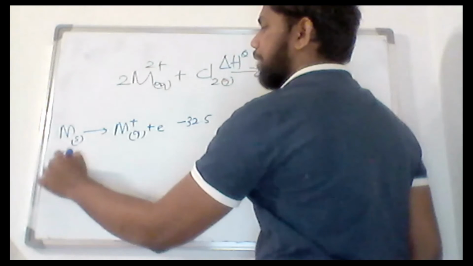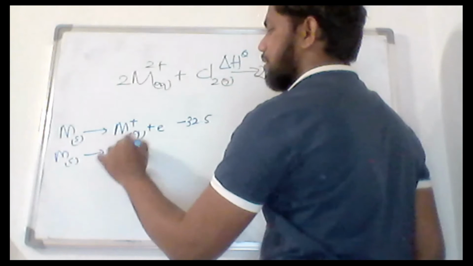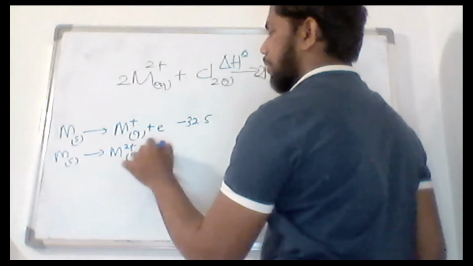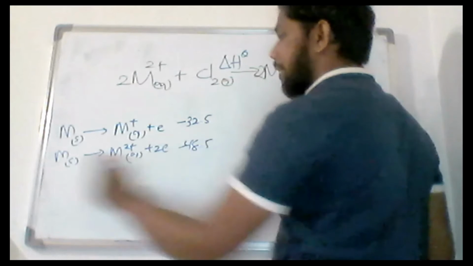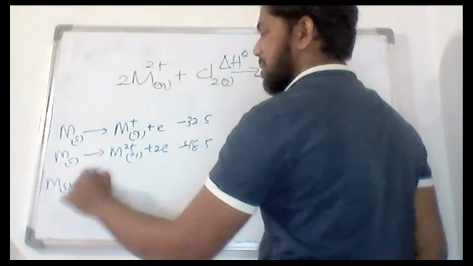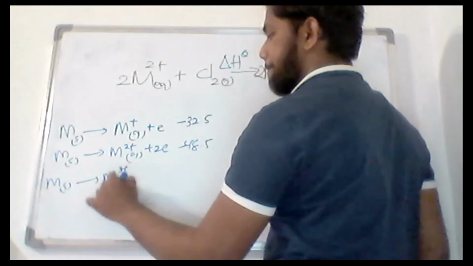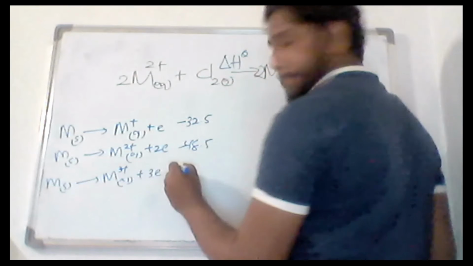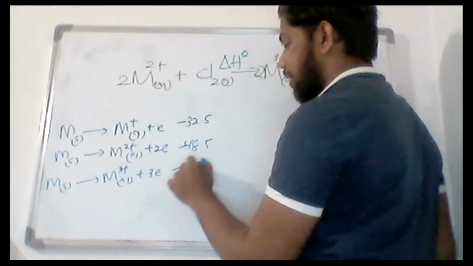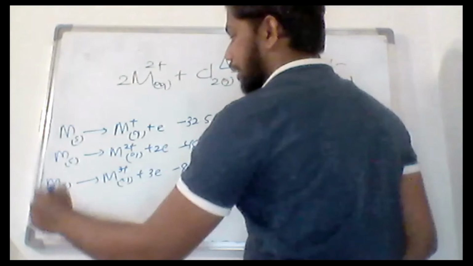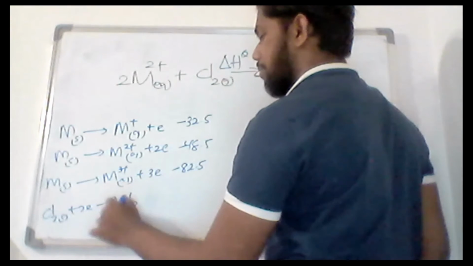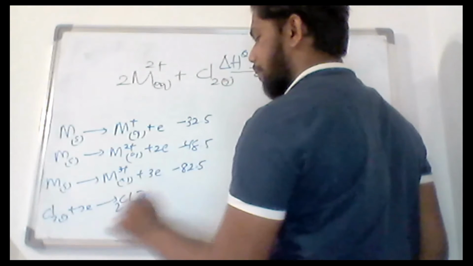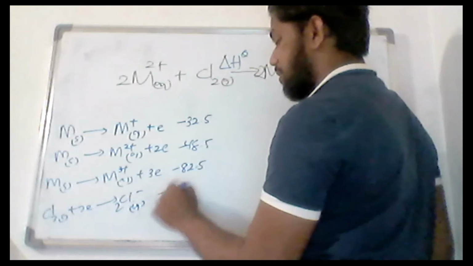And they are also giving M to M2+. I will put the states: minus 48.5. Then minus 82.5, and Cl2 gas plus 2 electrons to 2Cl- (aq), minus 334.0.